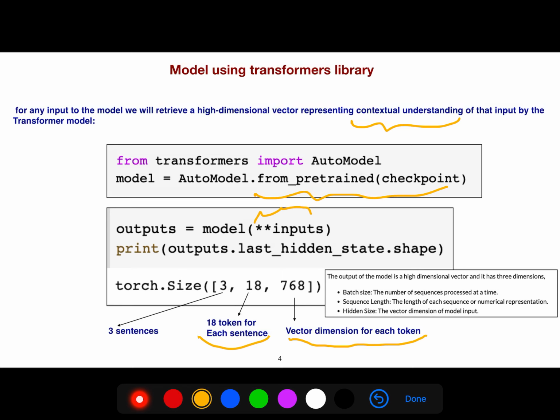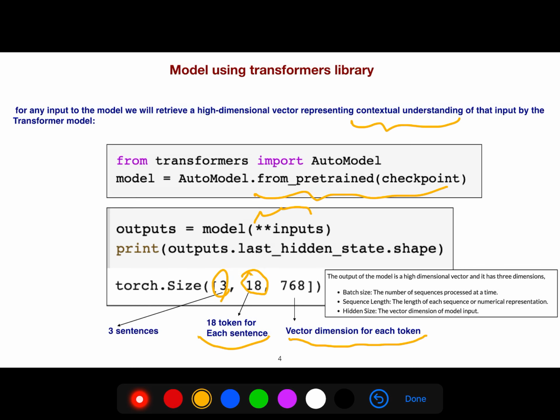So the first one is batch size, the number of sequences. In this one, they use just 3 sentences. And sequence length, the length of each sequence. For example, all sequences are filled with pads in order to create 18 tokens for each sentence.